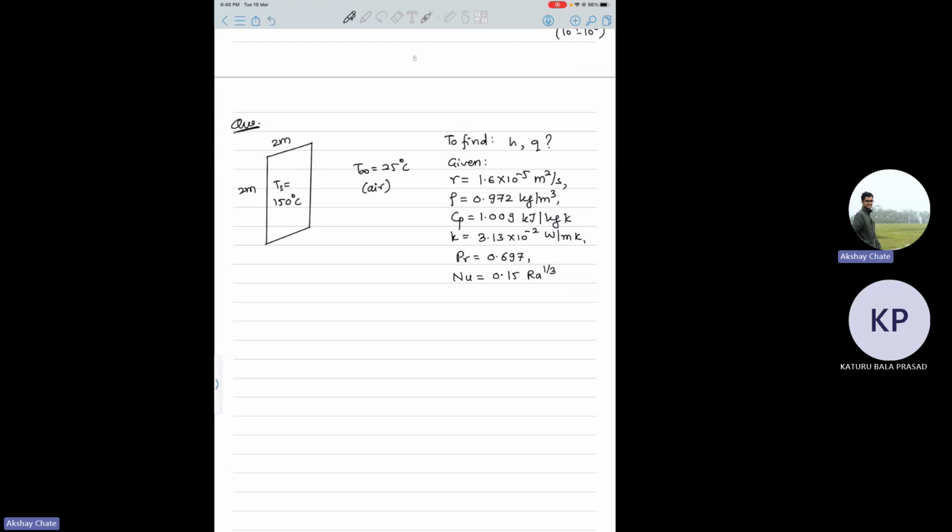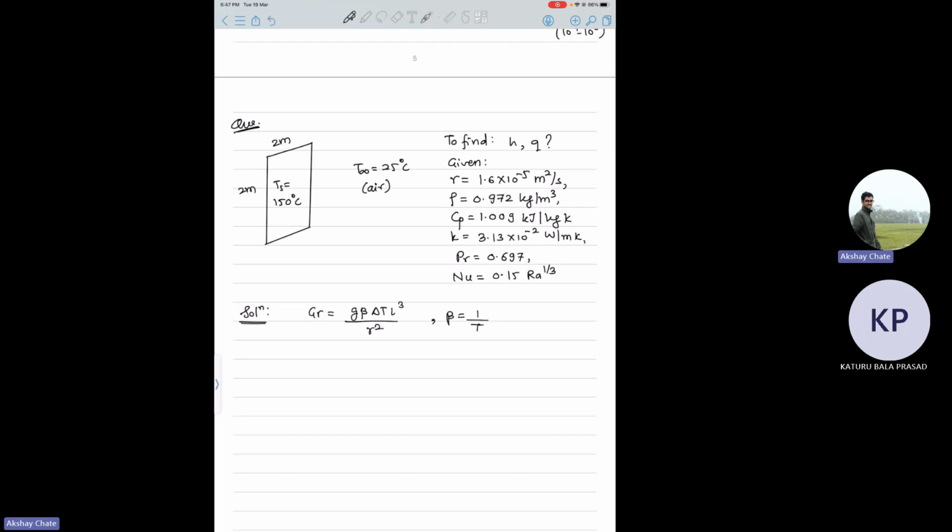So as the methodology goes, first you start with the Grashof number, which is g beta delta T L cube over nu square. Now here beta is not given with the given properties, but we know that beta is 1 by T, the average temperature.